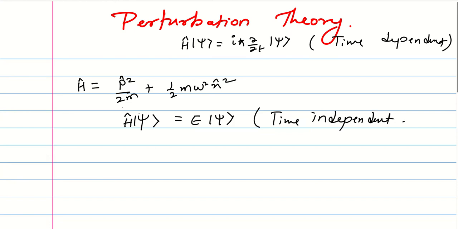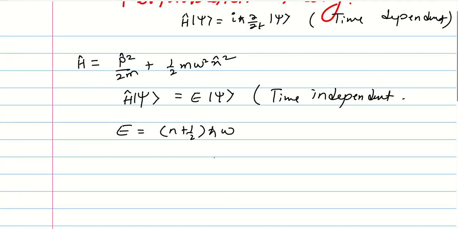So when you solve for the energy using quantum mechanics, so by quantum mechanics I mean when you solve this eigenvalue equation, what energy do you get? You get discrete energy. So this is the energy that you get, right?